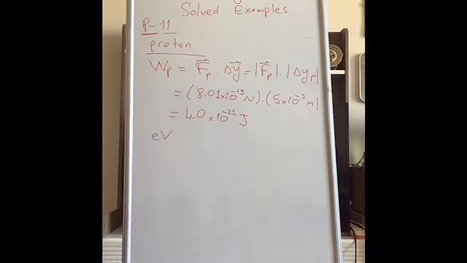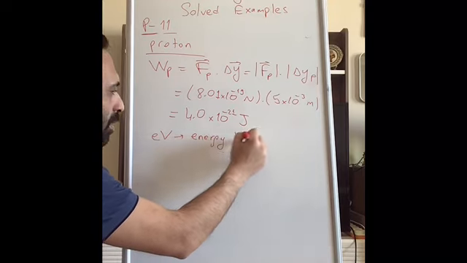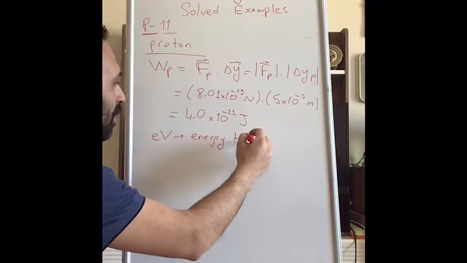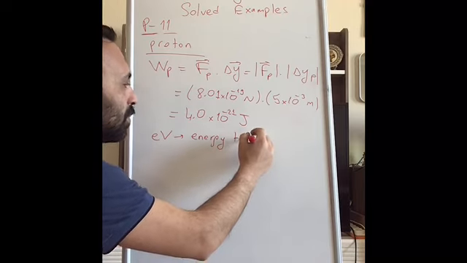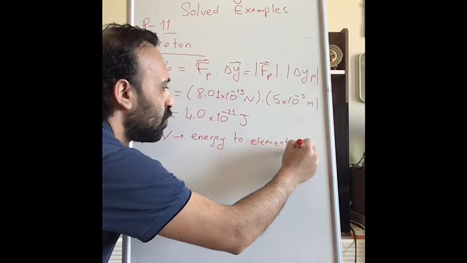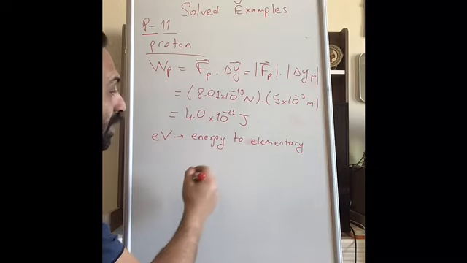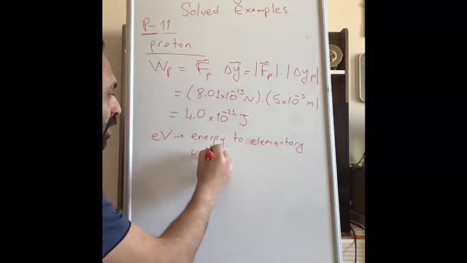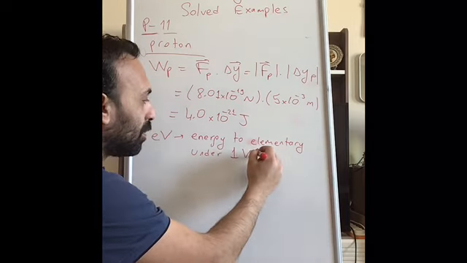All right, electron volt is the energy given to the elementary charge. Elementary charge is 1.602 times 10 to minus 19 Coulomb. The energy given to the elementary charge under 1 volt potential difference.